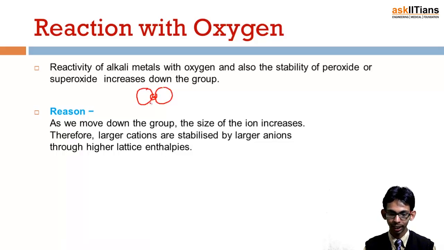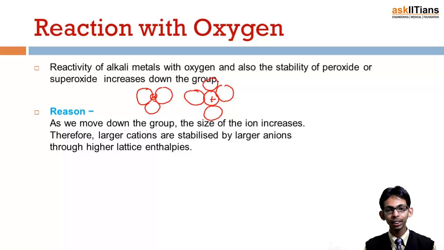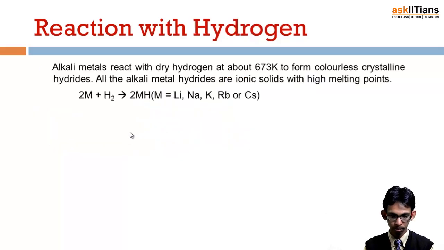But if we have a large cation, it can easily handle larger anions. So larger anions are stabilized by larger cations, and down the group the size of the cation increases, because of which the stability of peroxide and superoxide also increases, as they are large in size.